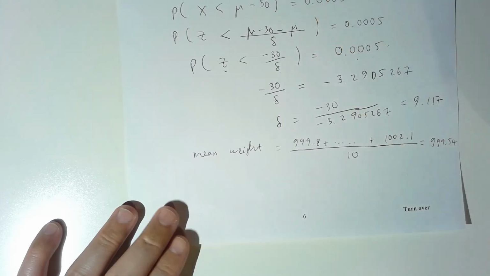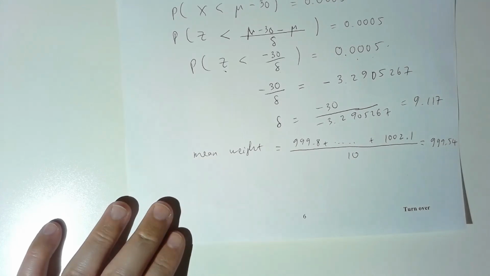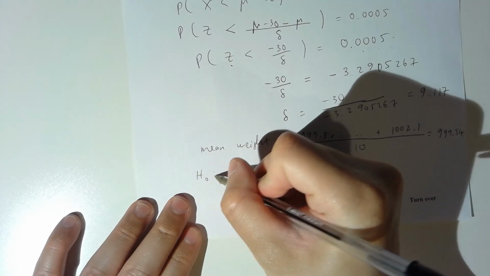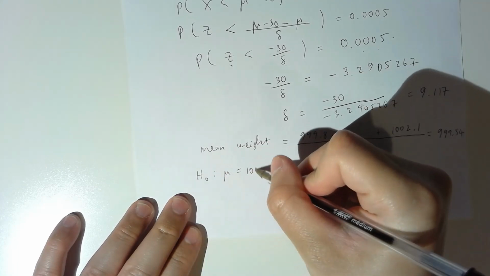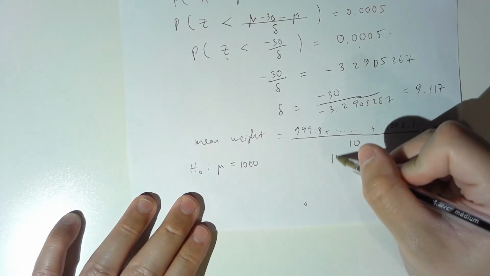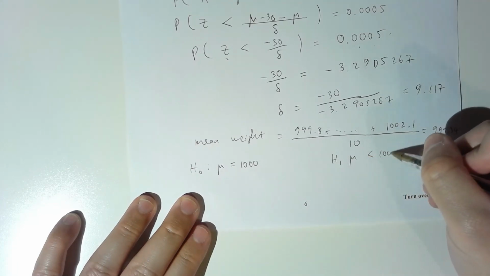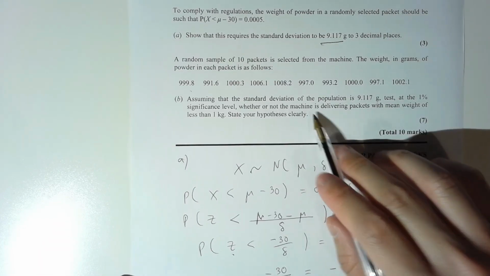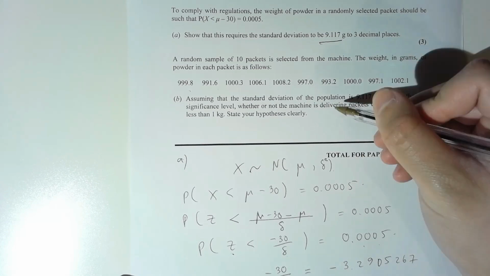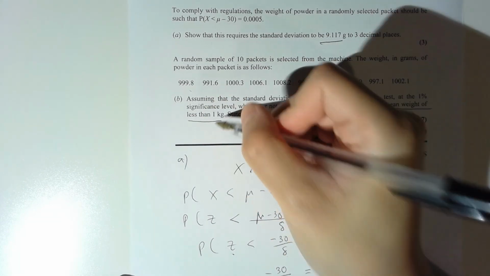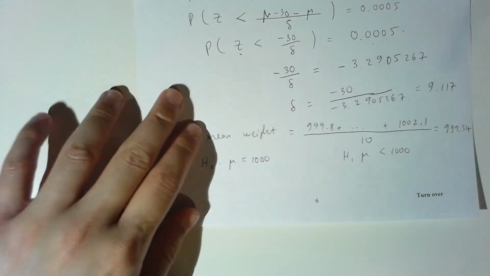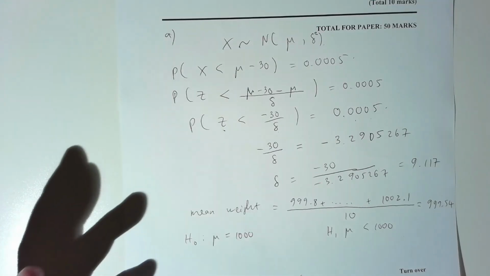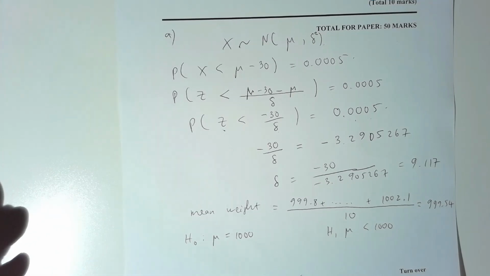So we're going to test at 1%. We use H0: mean equals 1000, and of course H1: mean is less than 1000, because the test only applies if the machine is delivering packets with mean less than 1 kilogram. So we test on the mean. First of all, because there are 10 items, we find the sample mean.